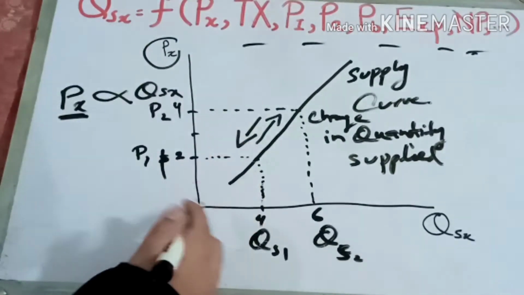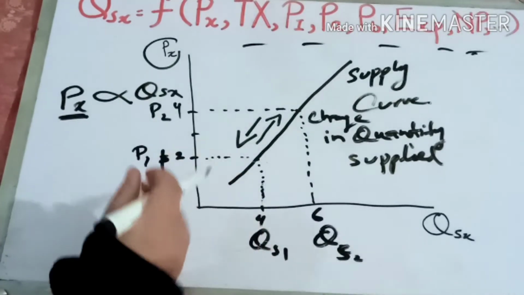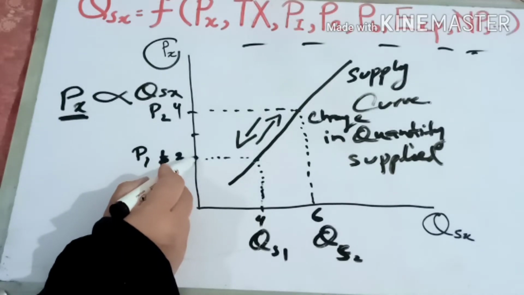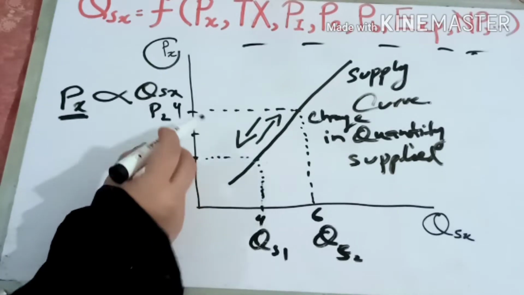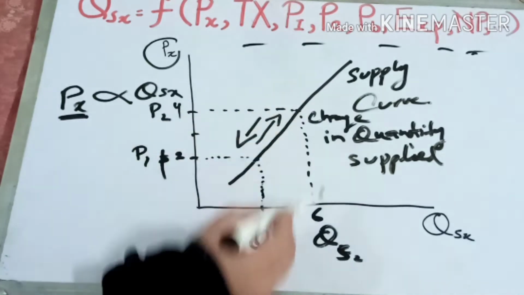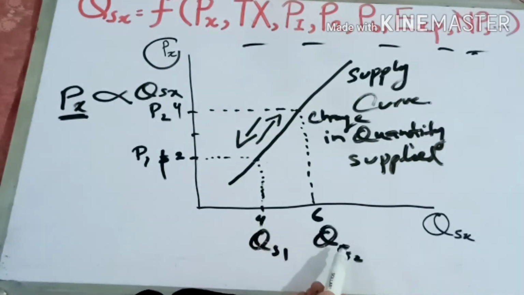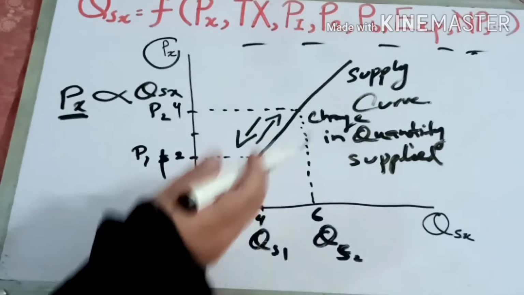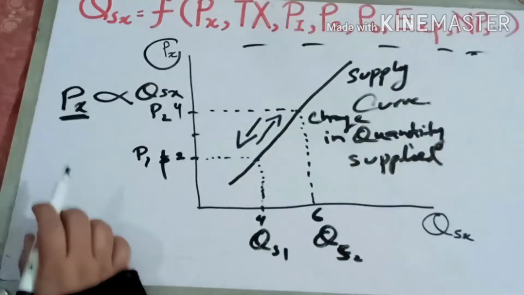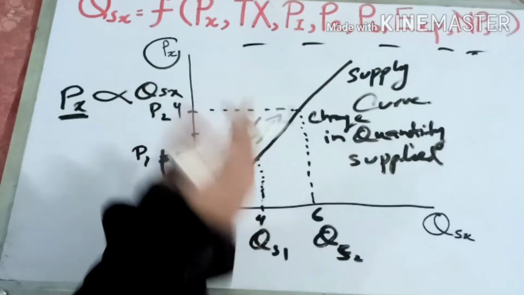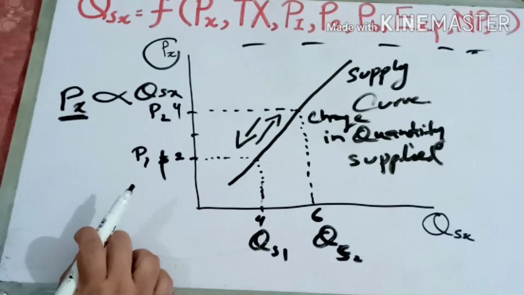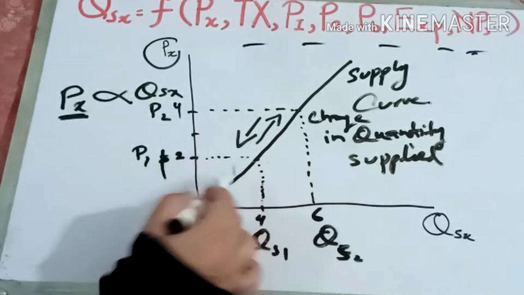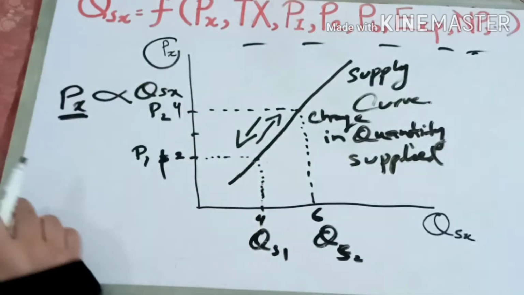So the number of suppliers or market players present at this point in time, at this price, the same number of suppliers are willing to produce this much quantity, which means the number of suppliers is not changed. Because if we change the number of producers, there would be a shift in the supply, because no other factor is involved whenever we make a supply curve other than the price factor.